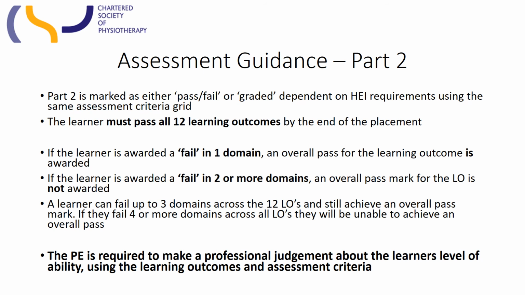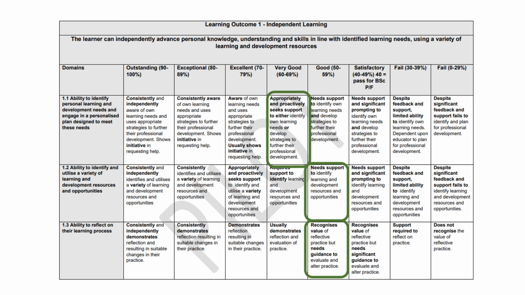The practice educator is required to make a professional judgment about the learner's level of ability using the learning outcomes and assessment criteria. For example, this means that for those on pass-fail placements, you will be able to clearly select a pass or fail. For those on graded placements, you can use your professional judgment to create the grade boundary or specific percentage.